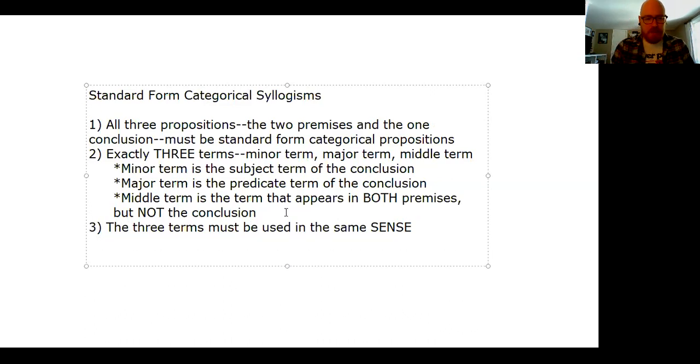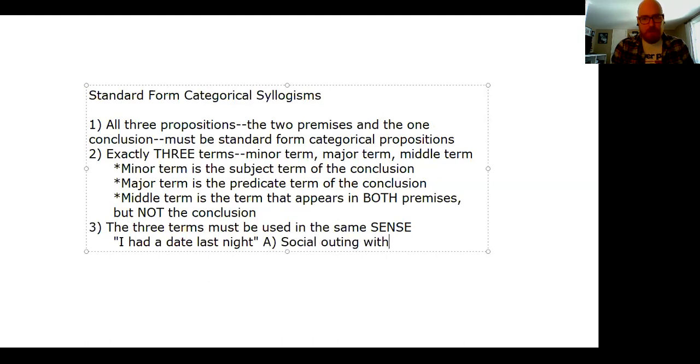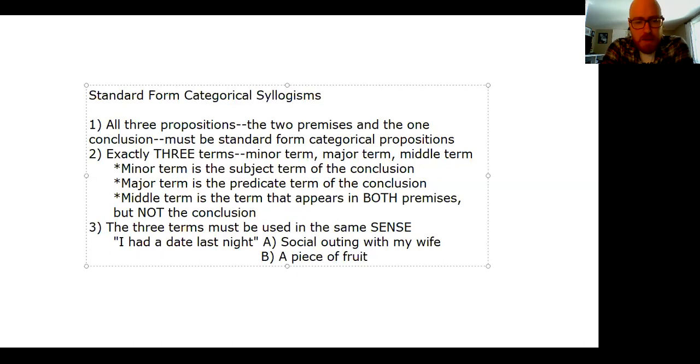If I say something like, I had a date last night, clearly date could mean a social outing with my wife, or it could mean a piece of fruit. So when I say I had a date last night, I could mean that I went out on a social outing with my wife, or that I ate a piece of fruit.